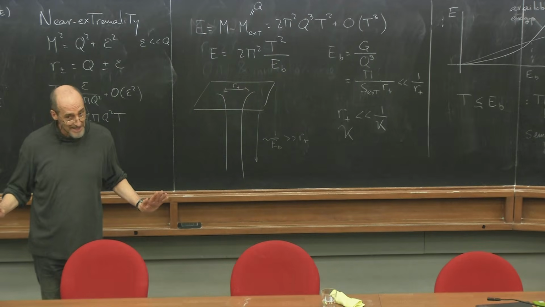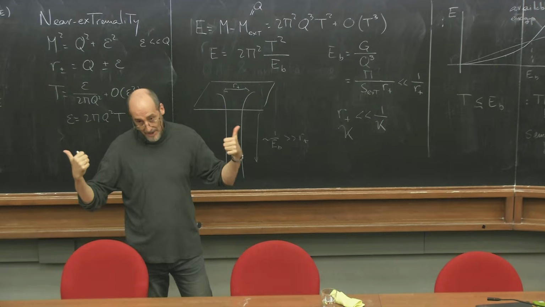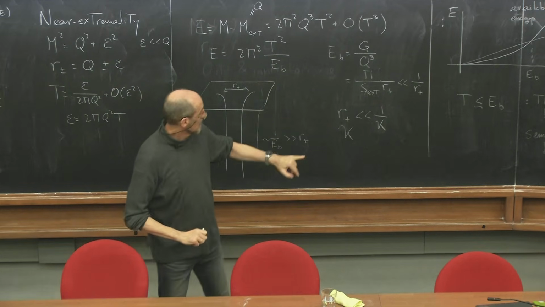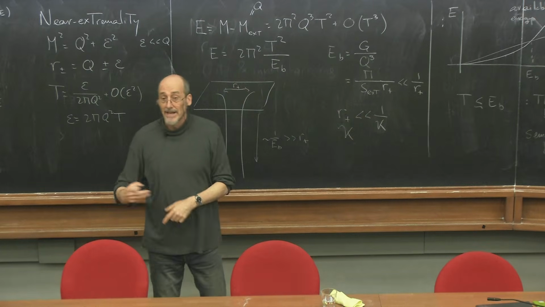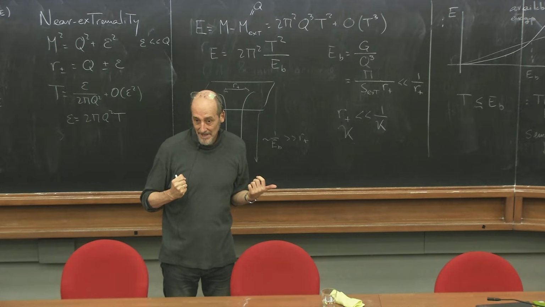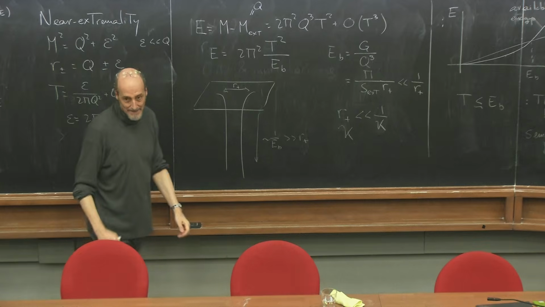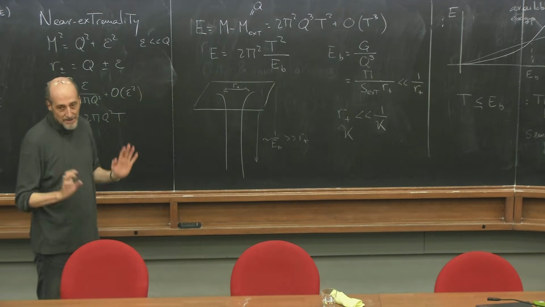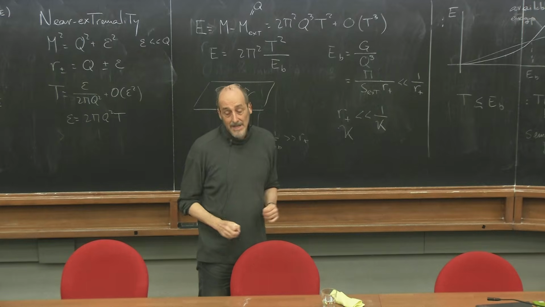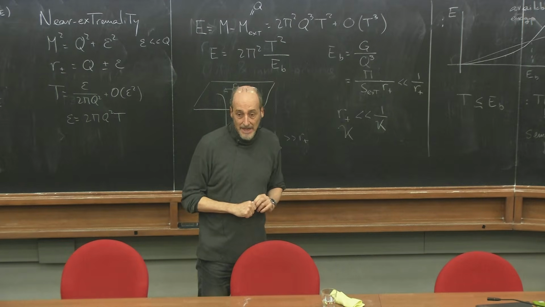So I have two scales, just because I have a two-parameter family of solutions, M and Q. I can take one of the scales to be M, and then I can take the other parameter to be M minus Q. When M minus Q is very small, that's when you step away from the extremal limit. So it's essentially because you have the two parameters. It's the same thing also with rotating black holes. You have M and J, and then you can go to regimes where the two quantities are very different.